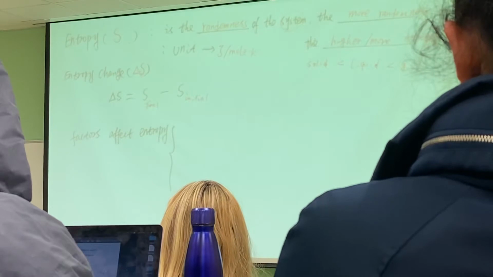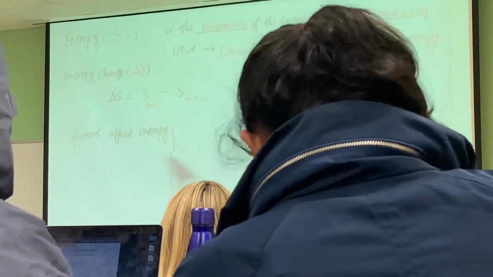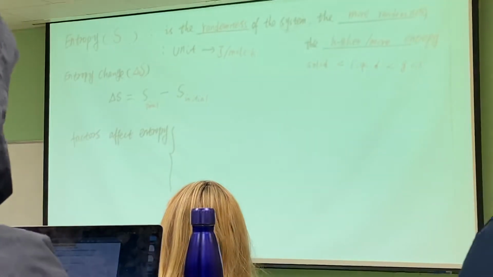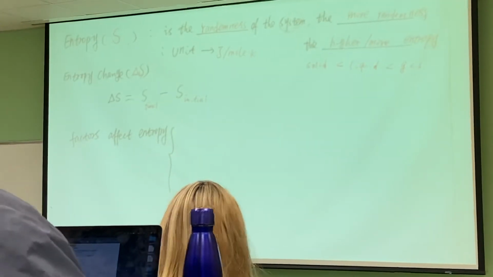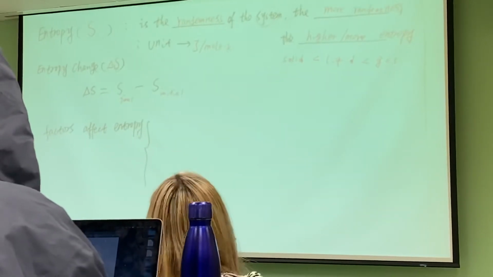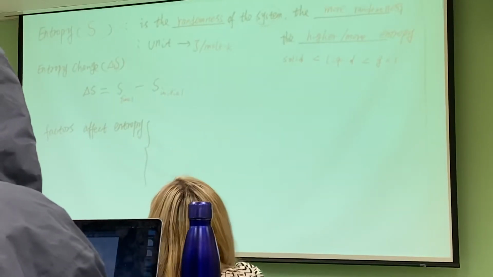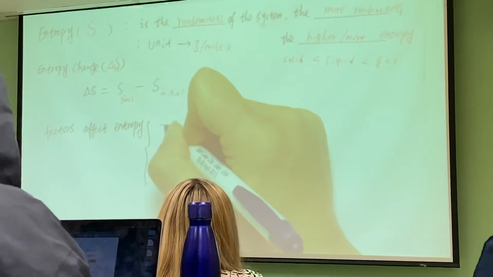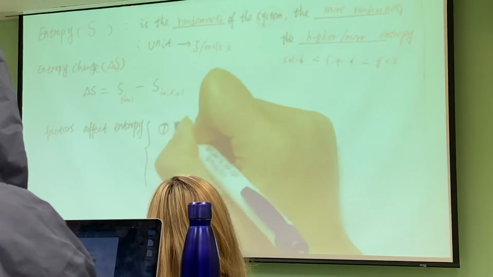So now there are some factors that affect entropy. The first factor is always temperature. Because why does solid ice convert to liquid water? To heat it, right? You can heat, so temperature is a factor.